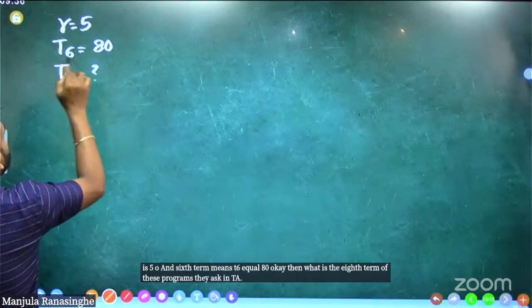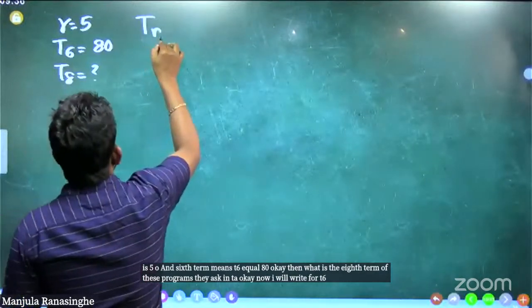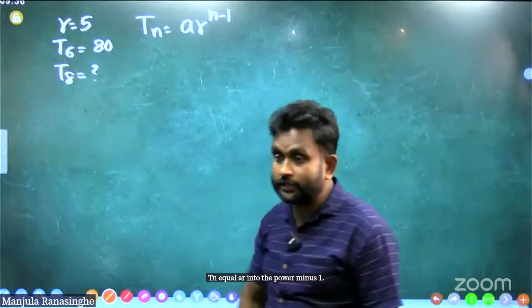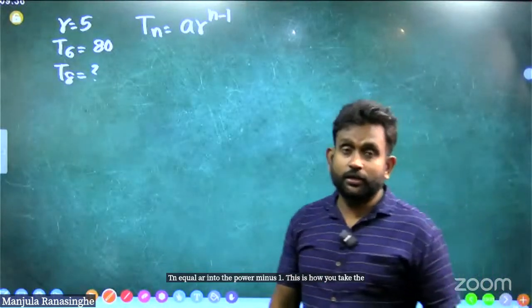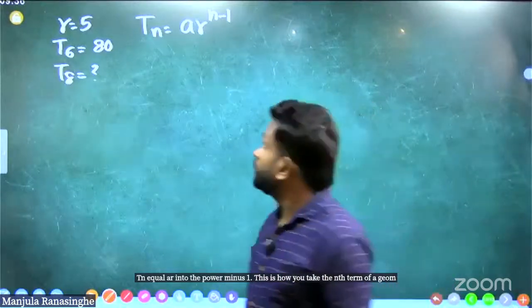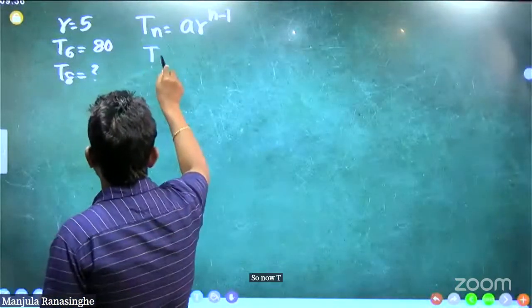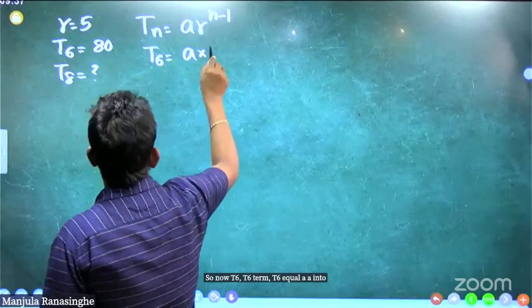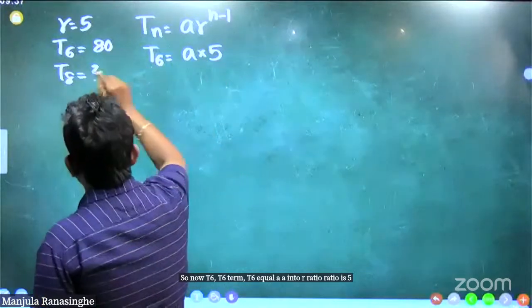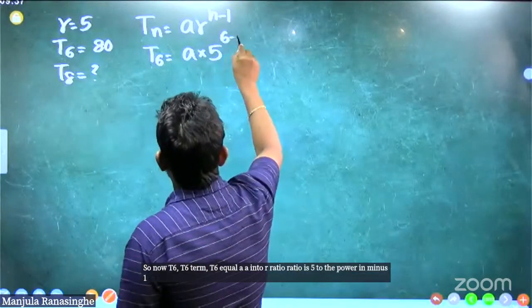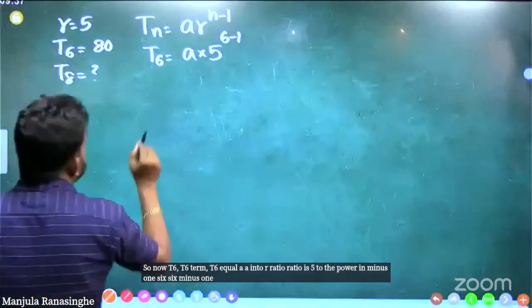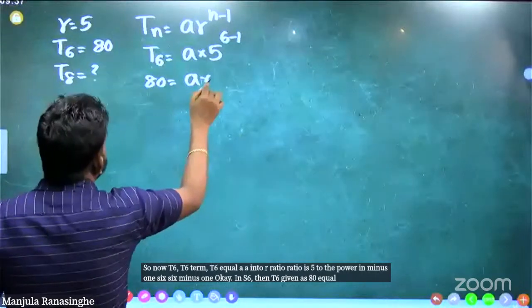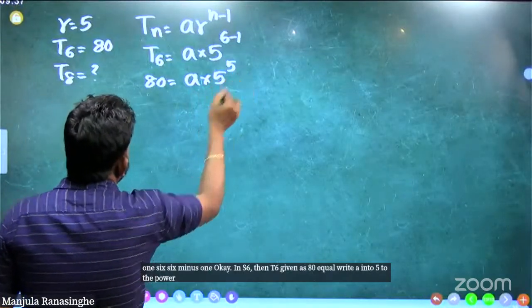Now I will write for T6. Tn equal A R to the power n minus 1. This is how you take the nth term of a geometric progression. So now T6 equal A into the ratio 5 to the power 6 minus 1, which is 5.